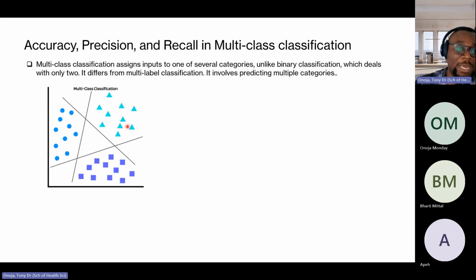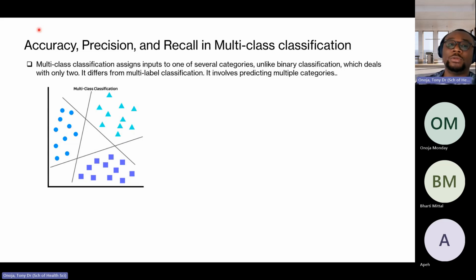In this case, you have other classes. So imagine when you have three classes. It means when you draw the first line, you have to draw another one to separate it and also draw another one. So imagine if you have up to five, you are still going to try to differentiate them from the other ones.